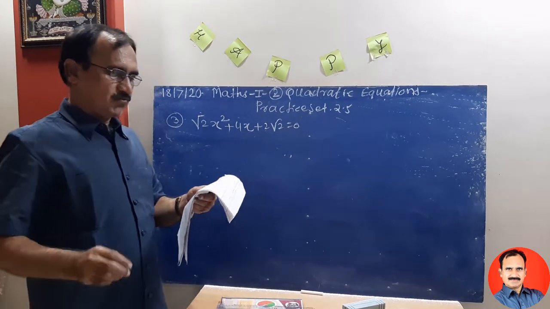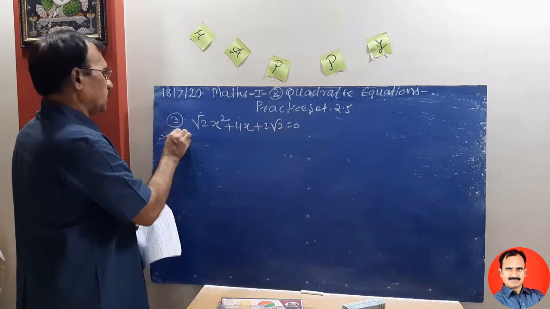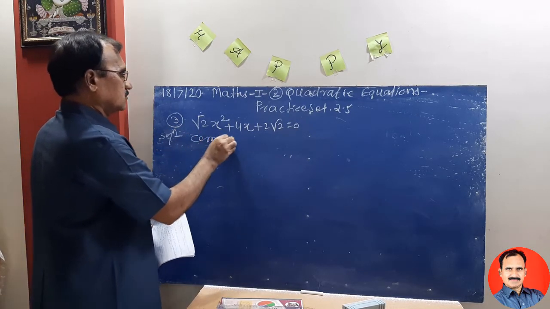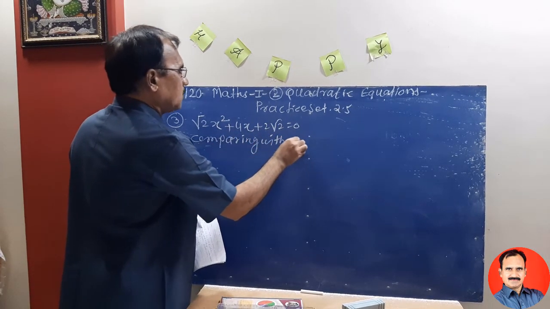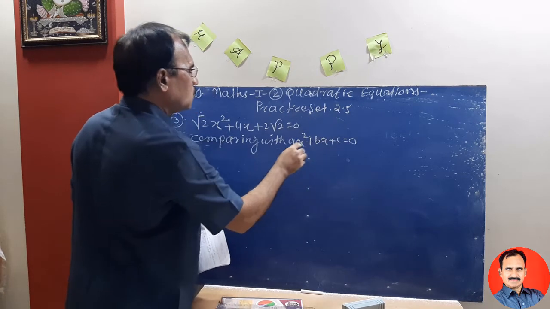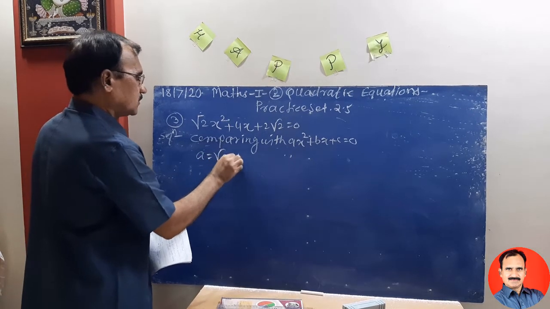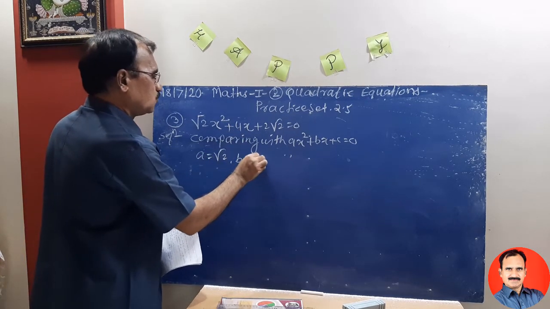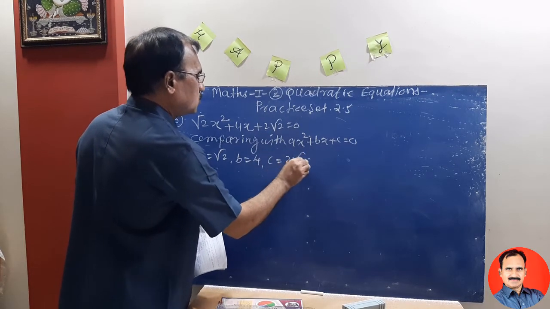Our question is to find the value of the discriminant. Comparing with ax square plus bx plus c is equal to 0, a is equal to root 2, b is equal to 4 and c is equal to 2 root 2.